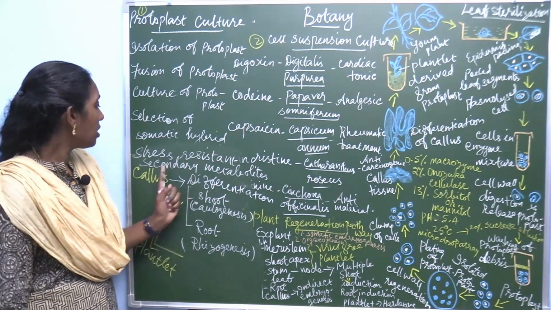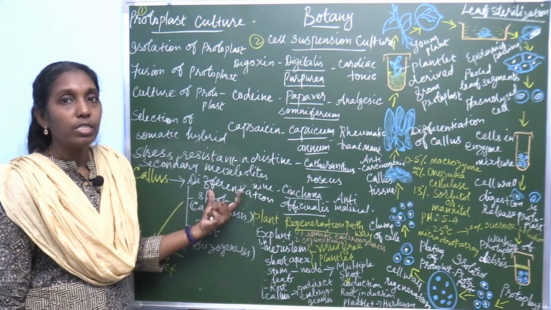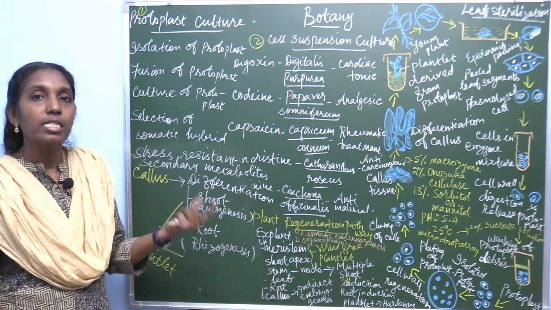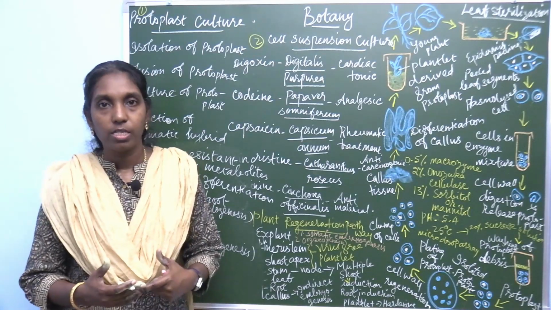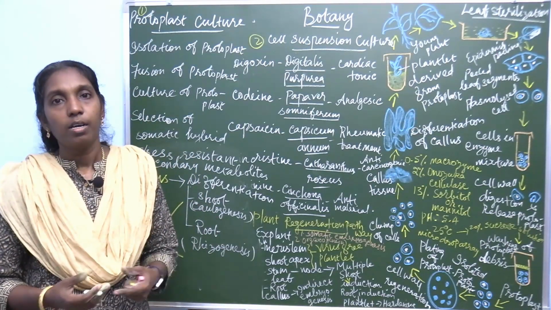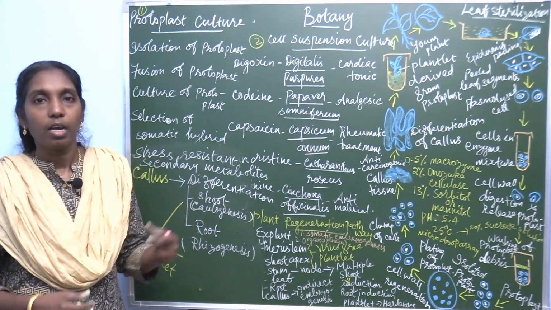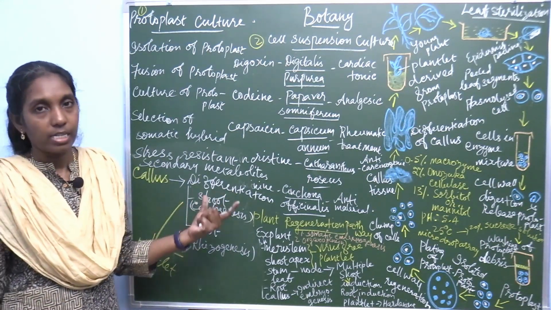Secondary metabolites are also produced, and it is also used to conserve biodiversity, and in forests micropropagation is very useful.